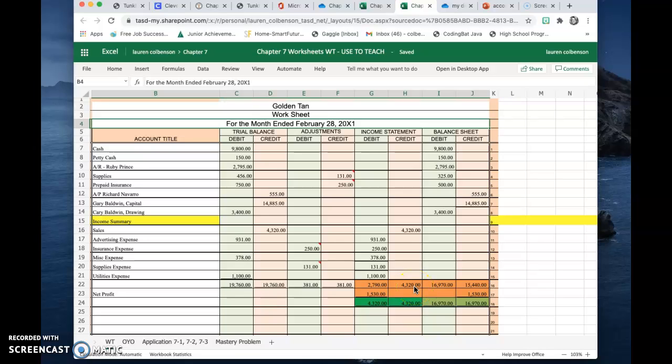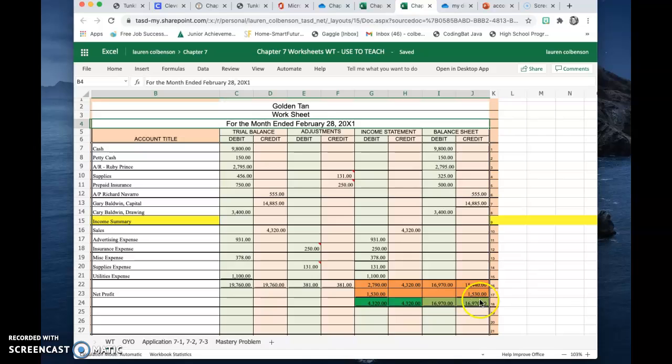This one is higher, this one is lower, so I would need to add to this one to make it equal. My ultimate goal is to have these 2 equal each other and these 2 equal each other. And as long as the amount difference for each of them is the same, then you have done it properly.